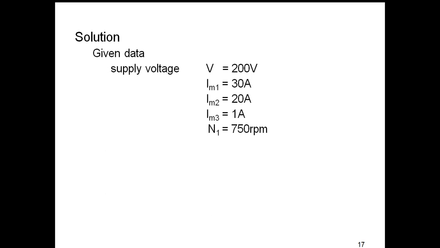The initial speed N1 is given as 750 rpm, means rotations per minute.